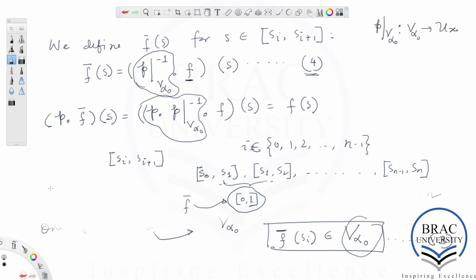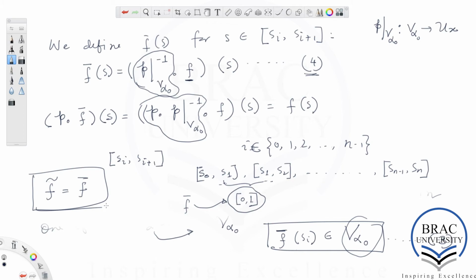I mean that if I construct any other lift F tilde, then F tilde is going to be the same as F bar. That will prove that the lift that we construct inductively is indeed unique.